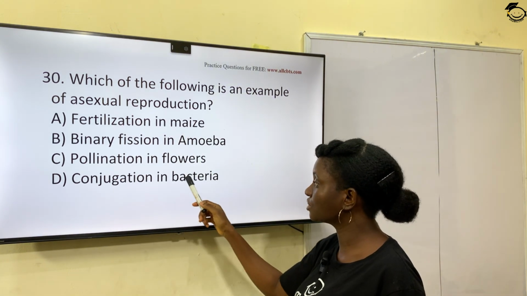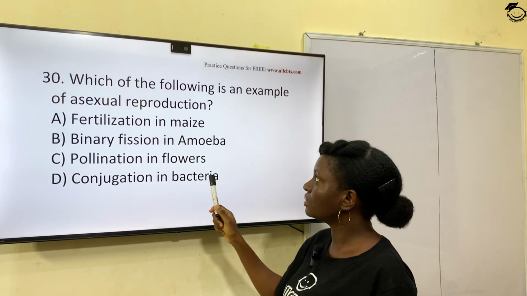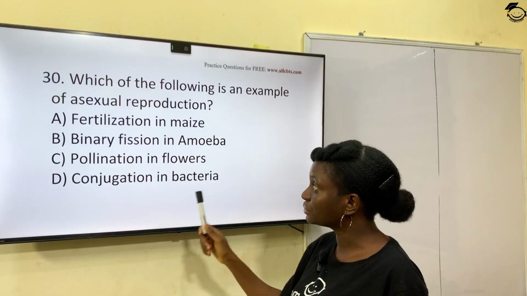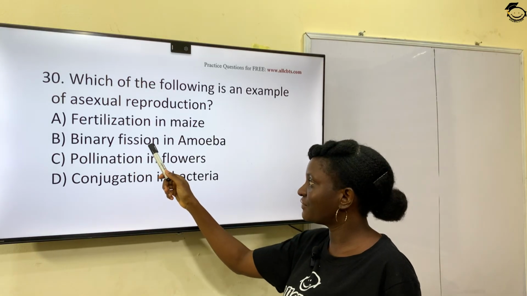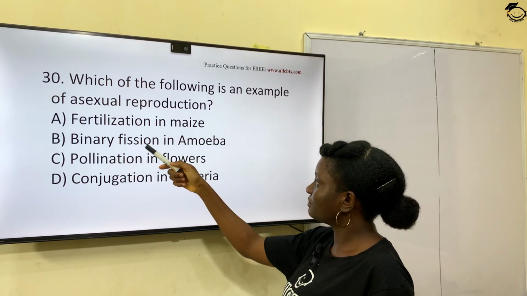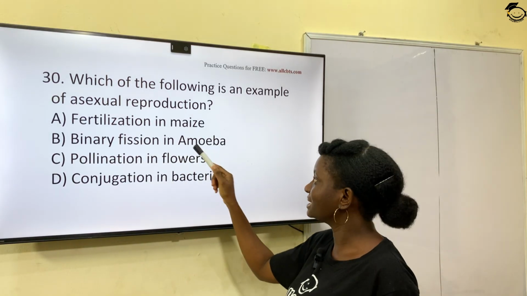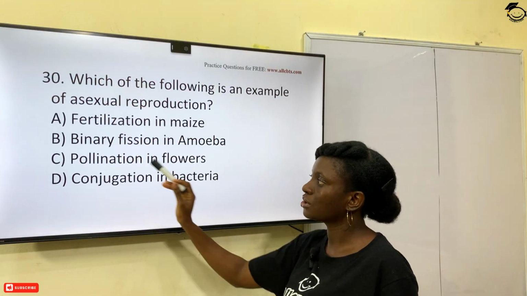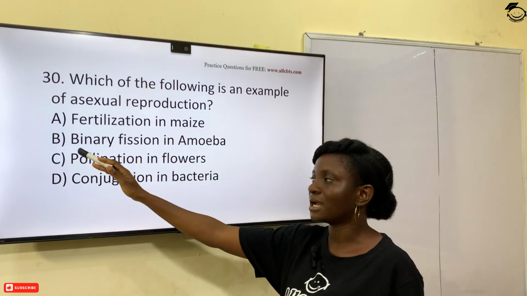D. Conjugation in bacteria. So the only option that is an example of asexual reproduction is binary fission in amoeba. This is asexual, while the rest are sexual reproduction. Option B is the right answer.